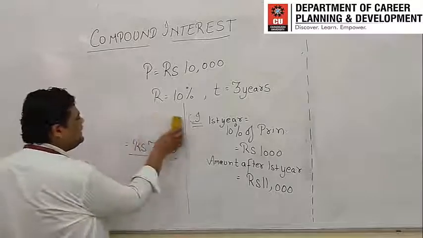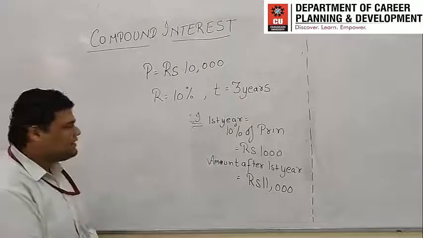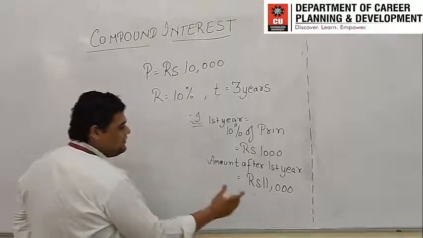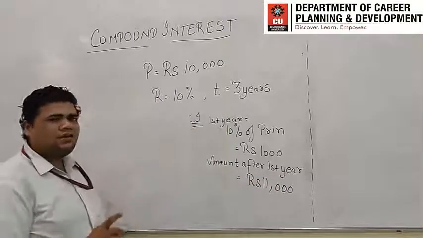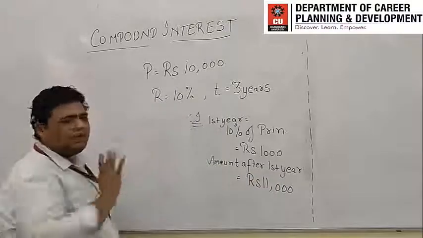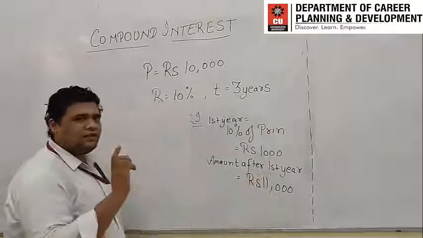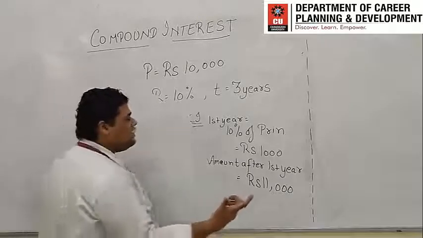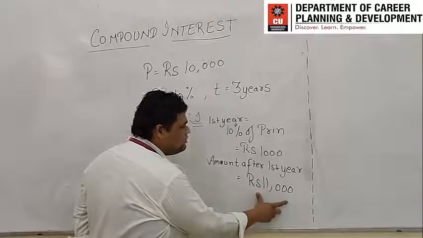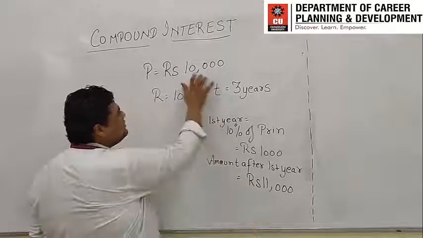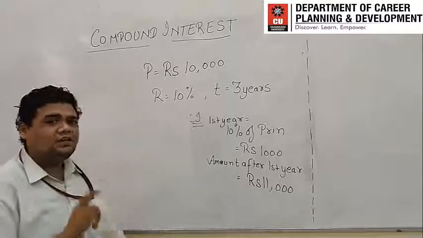Now if you calculate this same for the second year, here is the difference between SI and CI. In case of SI, it will be again rupees 1,000 for the next year. But in case of CI, the interest for the second year will be applied on this amount, not on the principal, but on the amount after the first year.